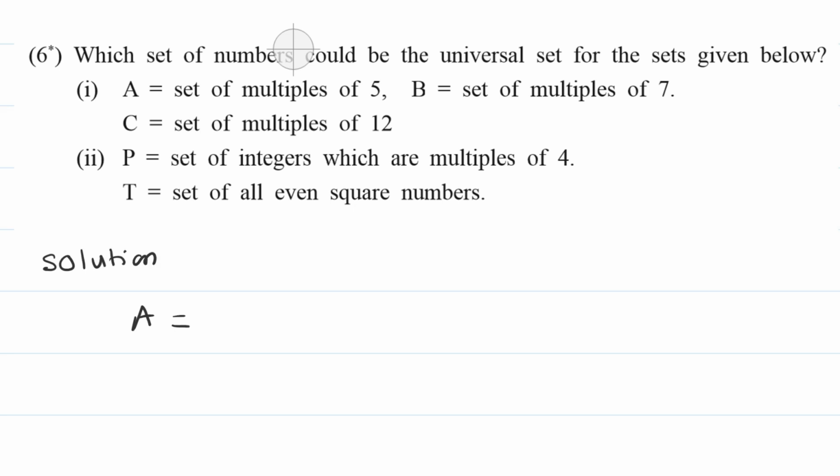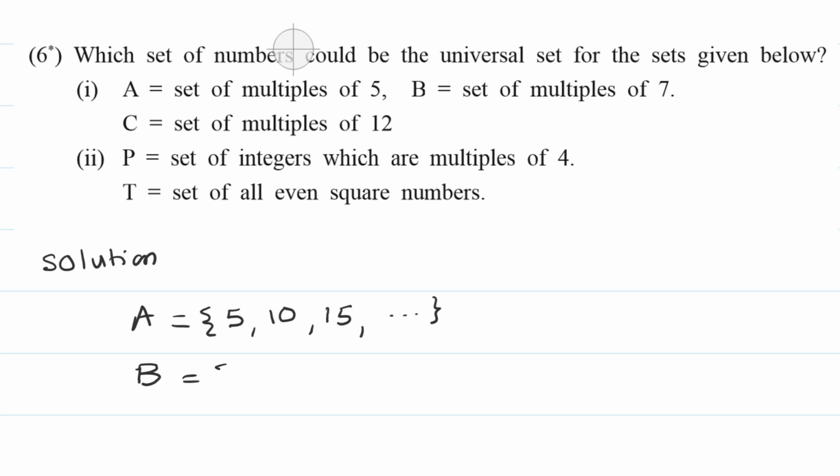So set A is the set of multiples of 5, that is 5, 10, 15, and so on. This set is an infinite set and all members of this set are members of the set of natural numbers.